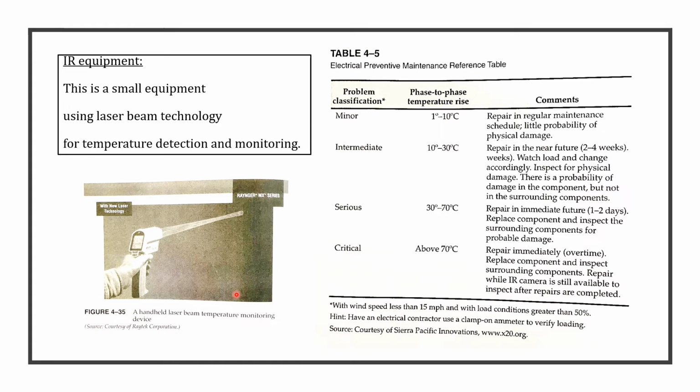We're not monitoring the surface of that machine. We're monitoring the bonds that compose the structure of that machine from the element level, okay? Very, very small level that you can't see. But this guy can penetrate all the way to the flesh of your machine and give you that temperature or the movement. And temperature is an indicator. If you know the formula of your temperature, review your physics.